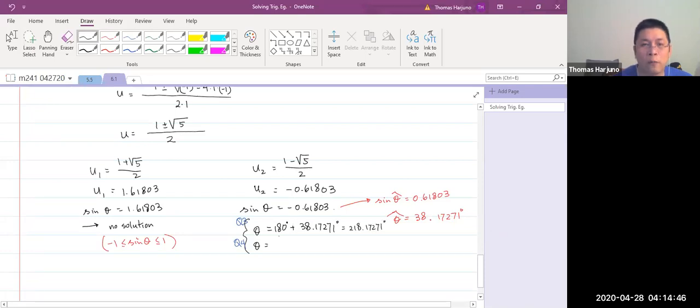And in quadrant 4, that would be 360 degrees minus that reference angle. That's 321.82729 degrees.